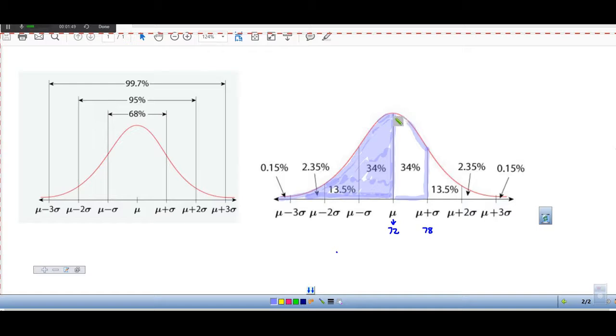So we're going to add on this. Well, what percentage is that part? That part is 34%. So what percentage do we end up with? We end up with 50% plus 34% for a total of 84%. Does that make sense? 84% of our data is less than or equal to 78.